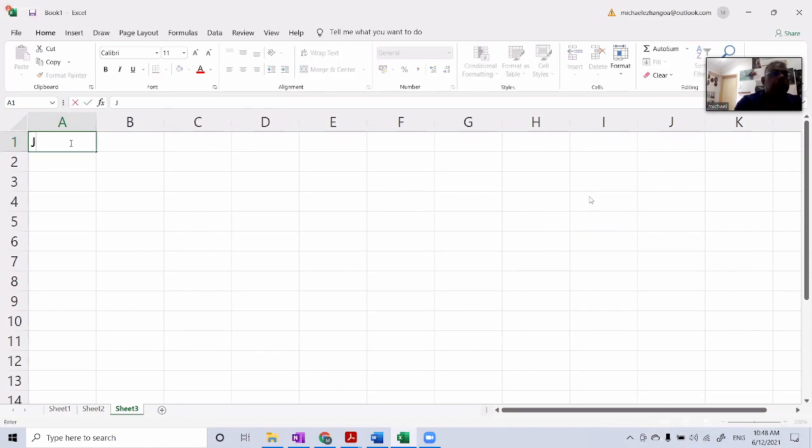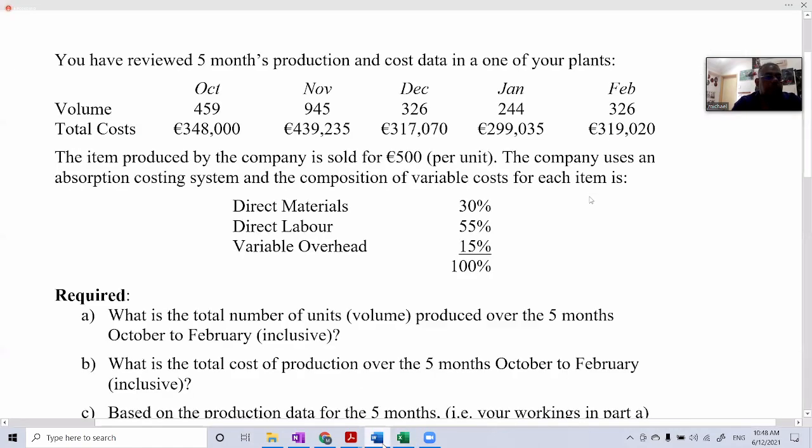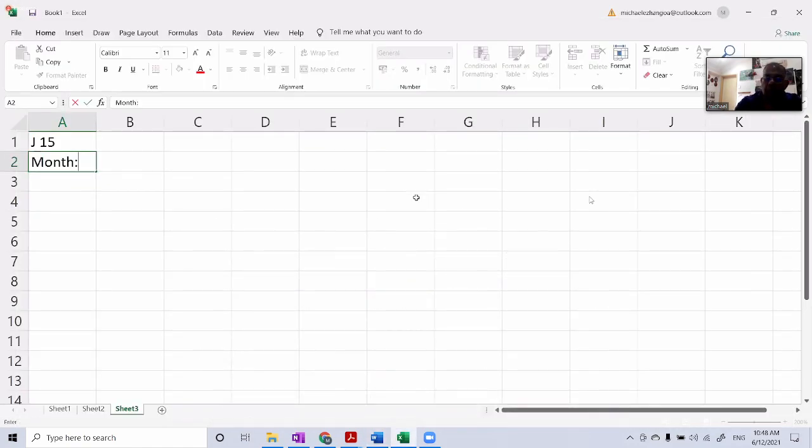This is June 15. We have the months, October, November, December, January, and February.